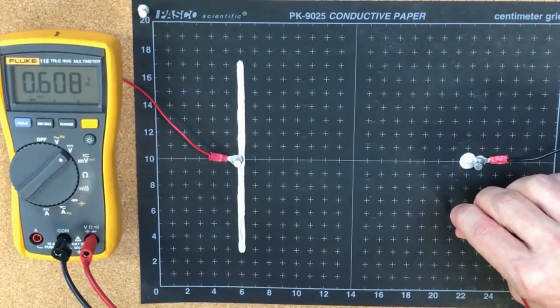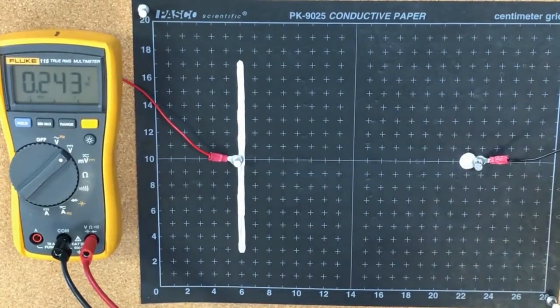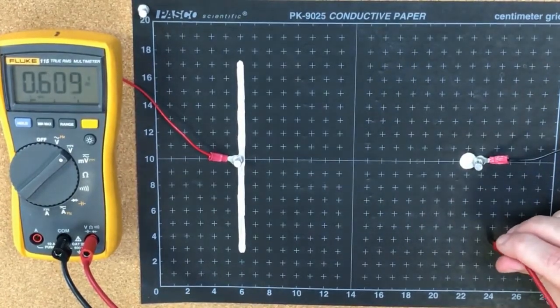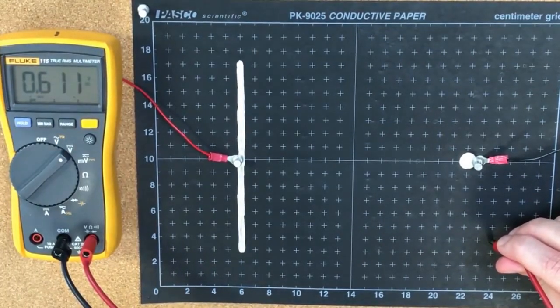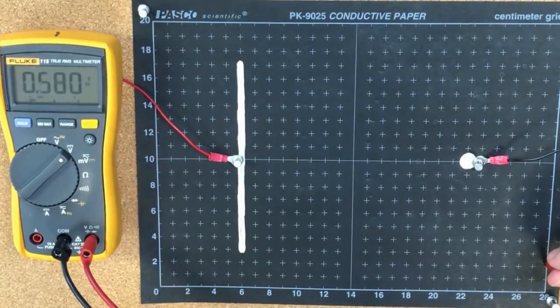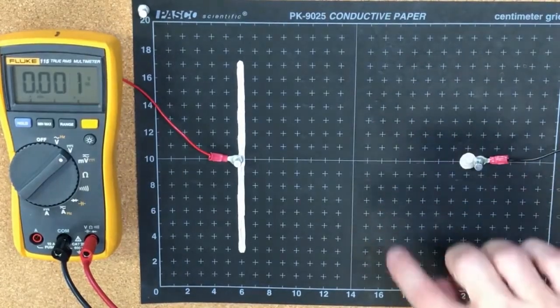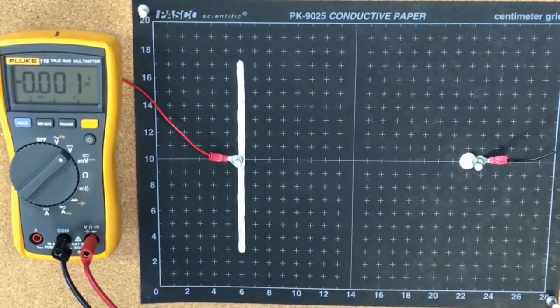That one happens to be 6 and 21. Again, 0.6 volts. Looks to be 4 and 24. Our final point would be 2.5 vertical and 28 horizontal. And we're going to provide the grid points for the other three equipotential lines.